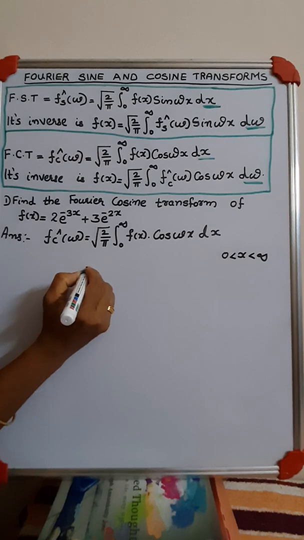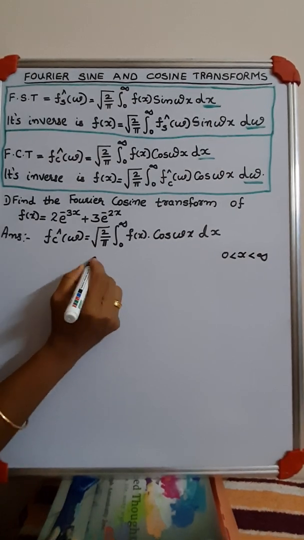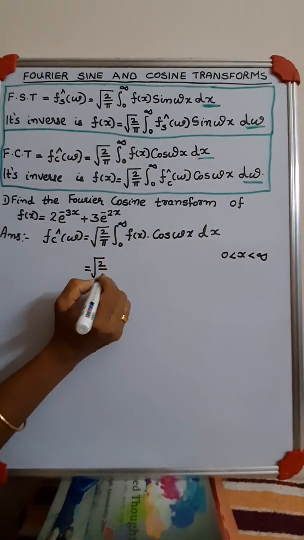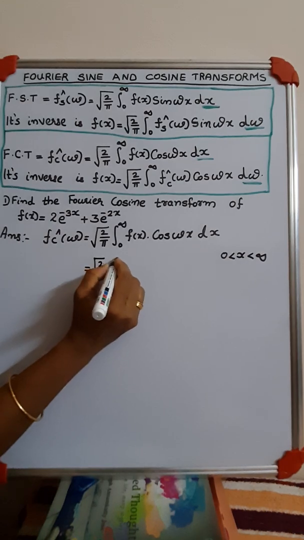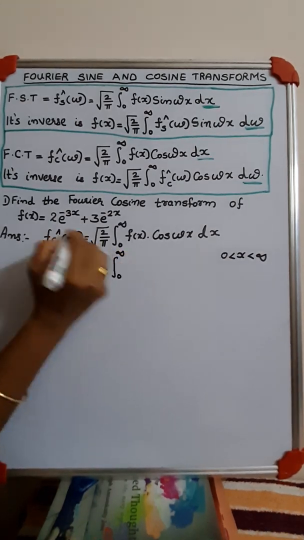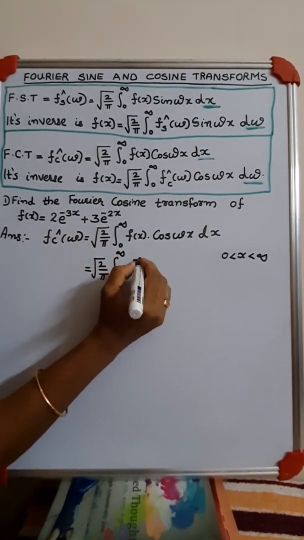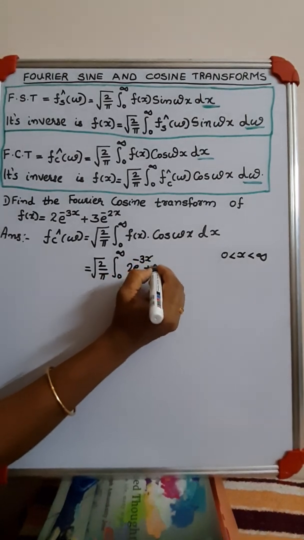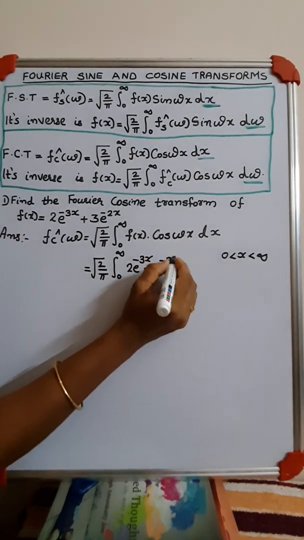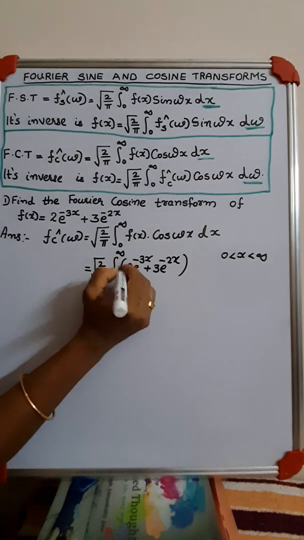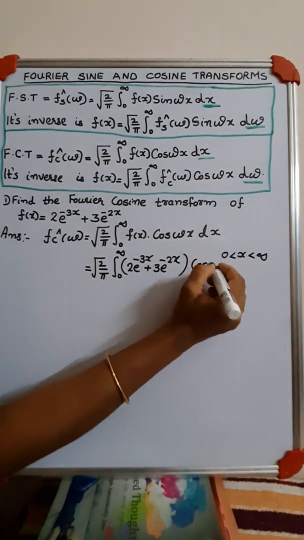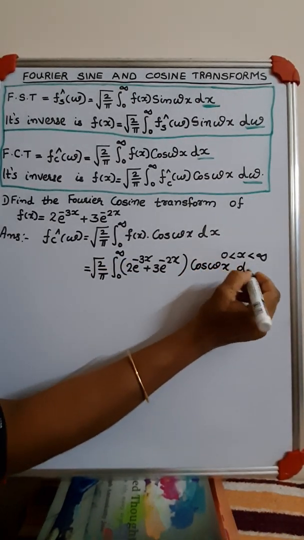That is equal to, now we can write root of 2 by pi. Now what is f of x? Integral 0 to infinity, f of x is 2 into e raised to minus 3x plus 3 into e raised to minus 2x, into cos omega x dx.